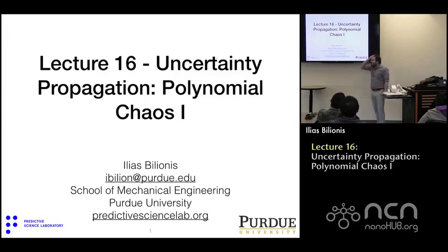Today we're going to talk about another uncertainty propagation method called polynomial chaos. It is the most popular uncertainty propagation method, and even though it is approximate, it can be made as accurate as you want, okay? And there are 2 flavors of polynomial chaos uncertainty propagation.